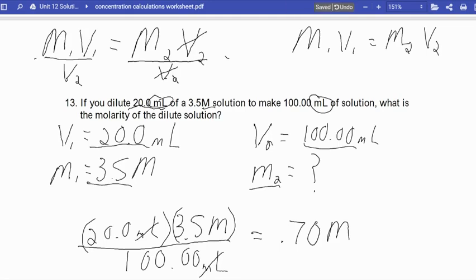So whatever you don't have, if we didn't have V1, then we would just divide both sides by M1 to get V1 by itself. If we didn't have V2, we divide both sides by M2 to get V2 by itself. So whatever you don't have, get that by itself and put its other thing on the other side and divide. Okay, so that is all for dilution.